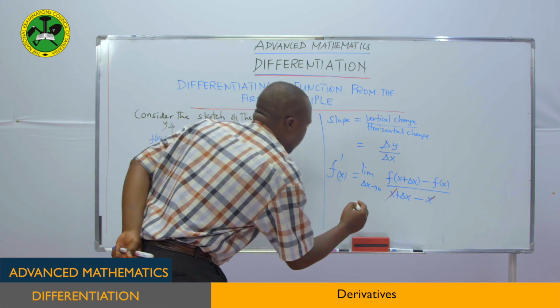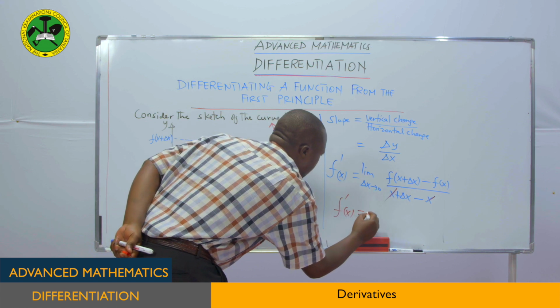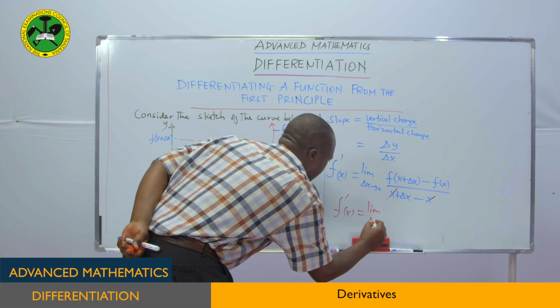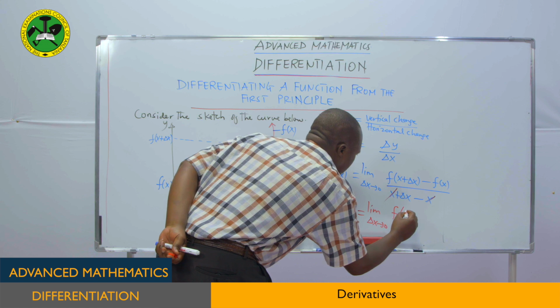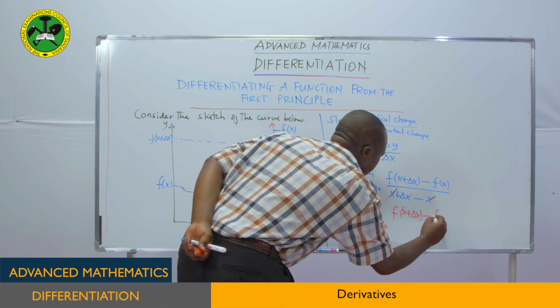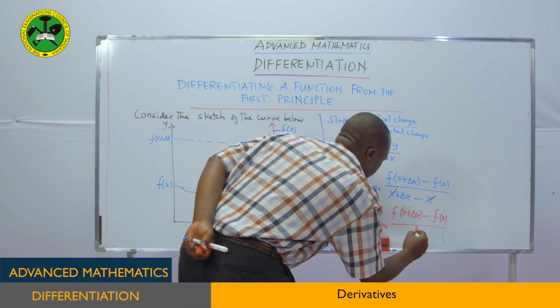So we have f dash of x is equal to the limit as change in x approaches 0 of f of x plus change in x minus f of x, then over change in x.